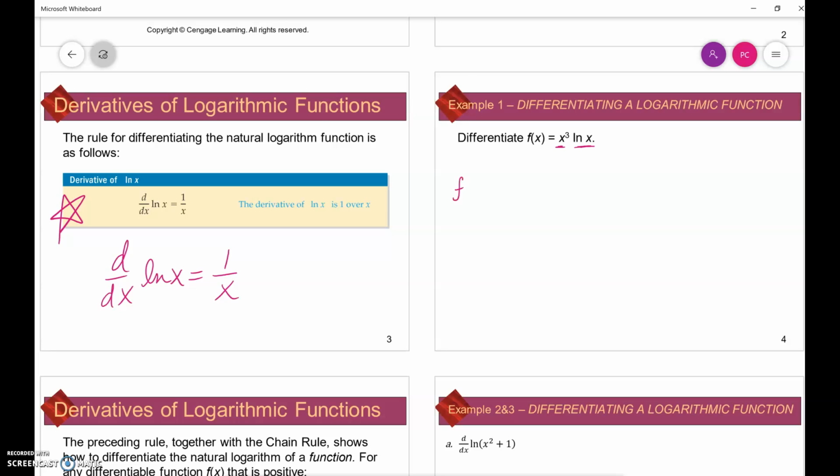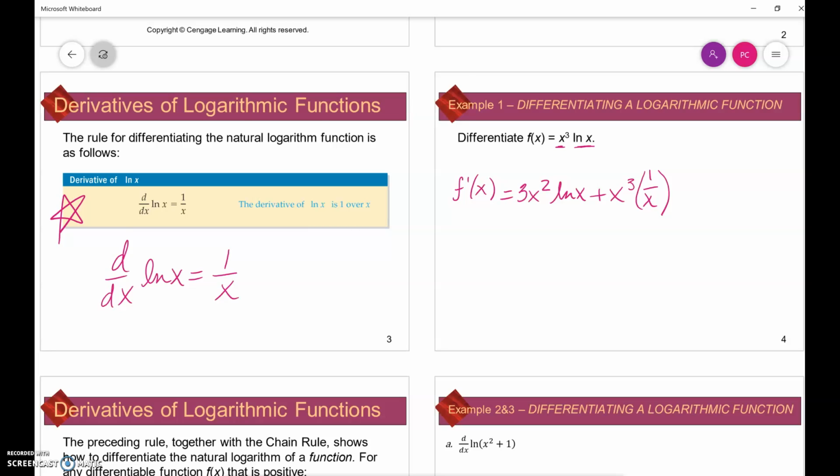So when we take that derivative, I'm going to find the derivative of the first one, which is x cubed, which gives us 3x squared, times ln x, plus the first function, times the derivative of the second. And then the derivative of ln x is 1 over x. All right, and then we're going to simplify.